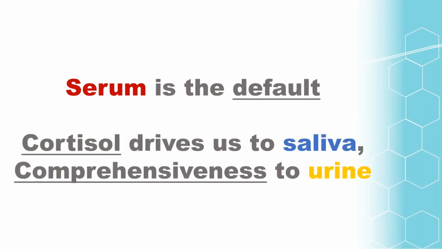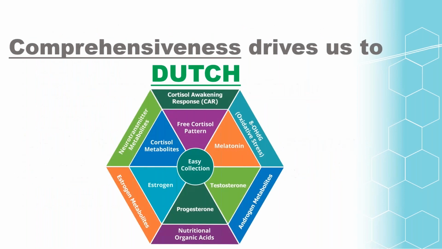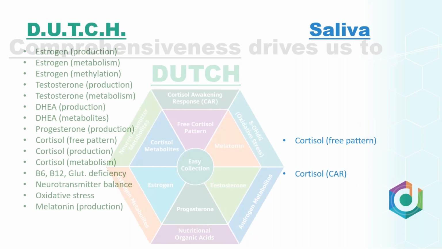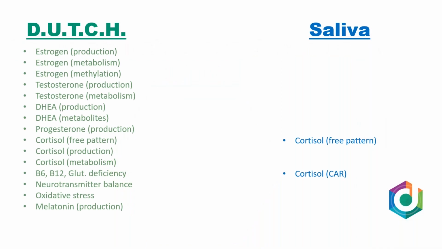That's where comprehensiveness really drove the development of the Dutch test: finding one model of testing where we can look at all of these markers in one easy to collect test. And that can be a powerful tool for you in your practice.